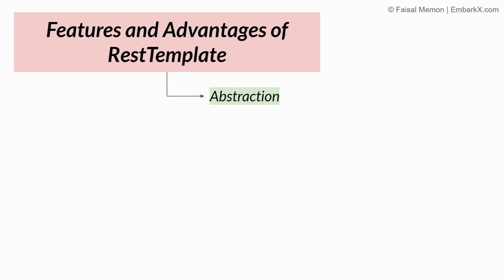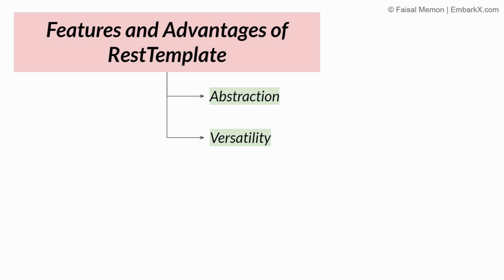So let us talk about some features and advantages. The number one feature or advantage that we have is abstraction. REST template abstracts the complexity of the HTTP communication, and it provides a simple method-based API for client-side HTTP access. Now this simplifies the code and reduces the chance for errors that might occur otherwise. The next benefit could be versatility.